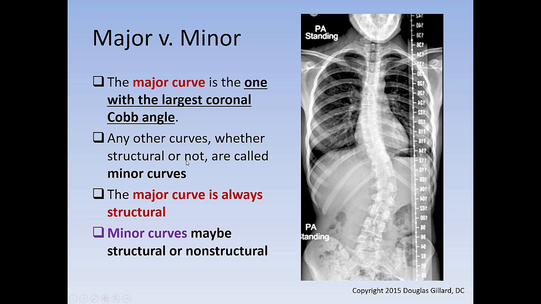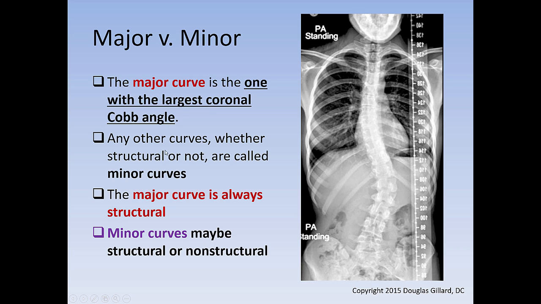We'll get to those. The other concept that is important is major versus minor. It's very simple. The major curve is the champion. It's the king. It's the one with the largest Cobb angle, plain and simple. You can have minor curves, but the major curve is always the one with the greatest coronal Cobb angle, period.